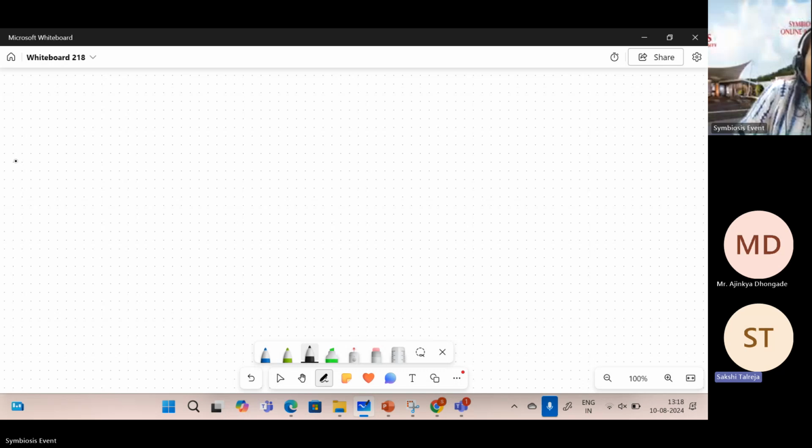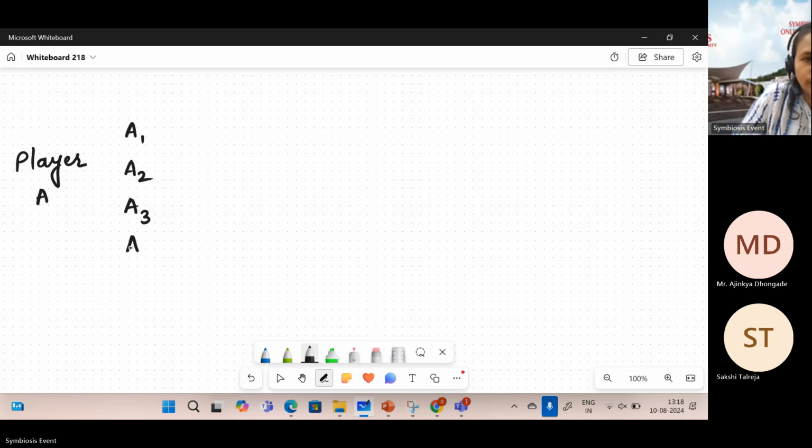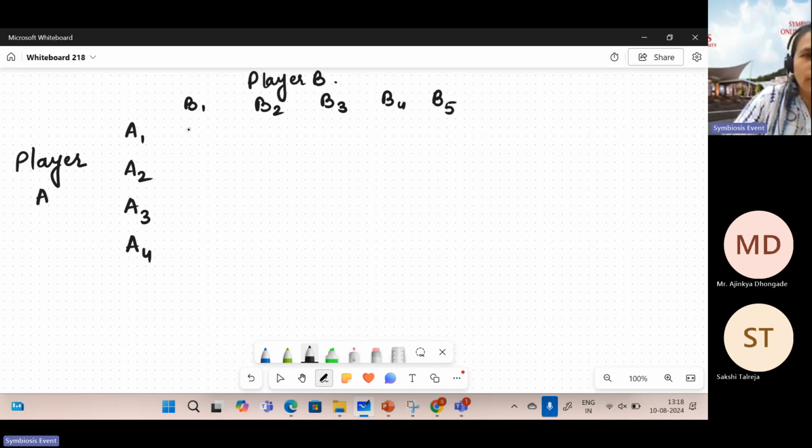I have. Yeah, okay. So let's say there is a player A and he is having strategies A1, A2, A3 and A4. And there is another player B which is having some strategies to be followed, and those are 5 in number, B1, B2, B3, B4 and B5. And because of this, I'm getting some payoffs.